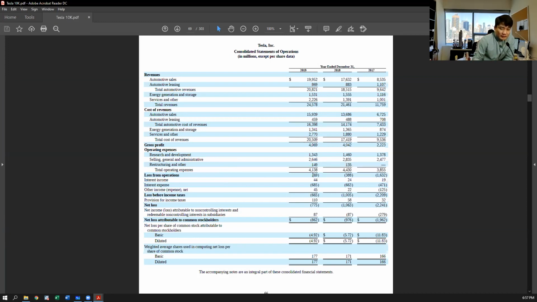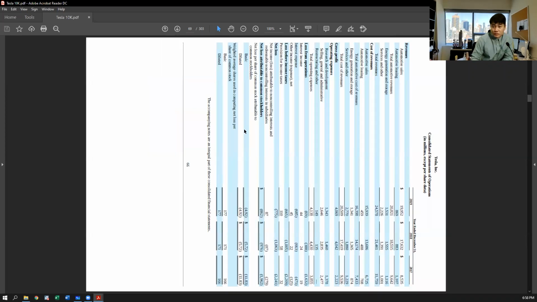And below that, there are non-operating, non-business items reported, such as interest income and interest expenses. So rather than income before income taxes, there's a loss before income taxes of that amount. At the end of the day, instead of net income, there's a net loss. Again, this is a multiple step income statement. Whoa, why is it turning? But anyways, this is an example of a multiple step income statement.